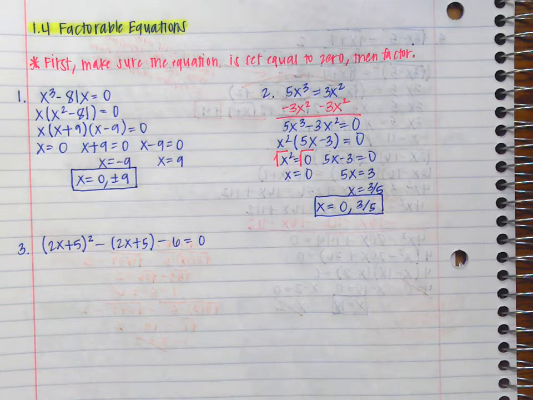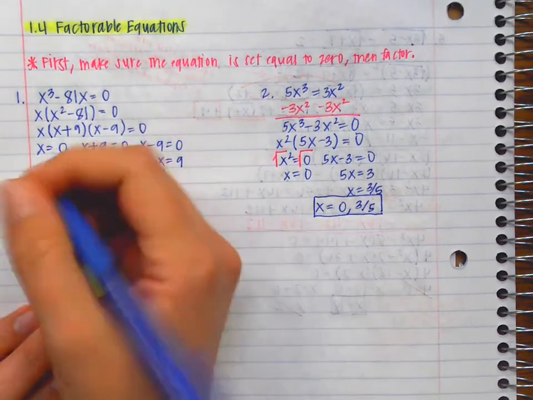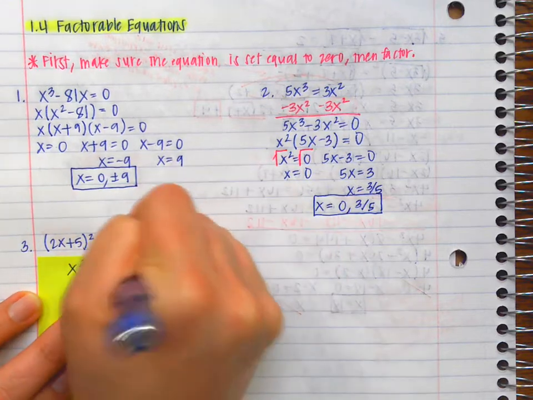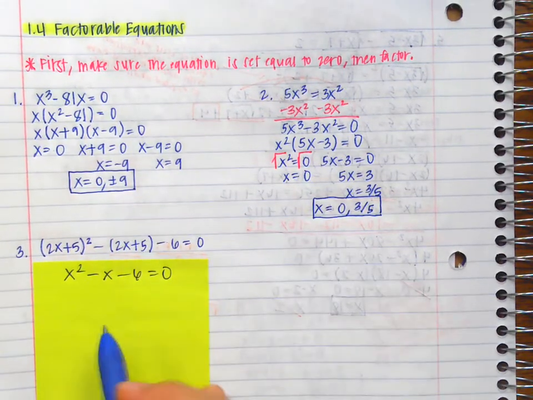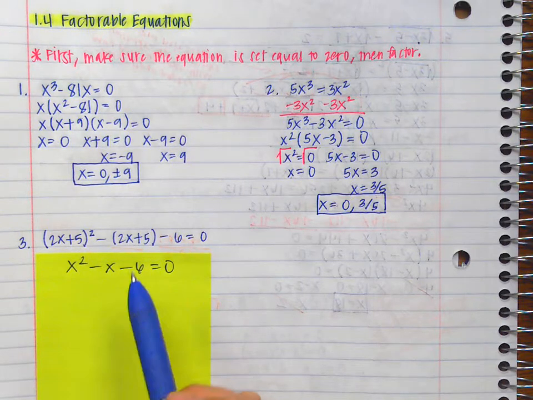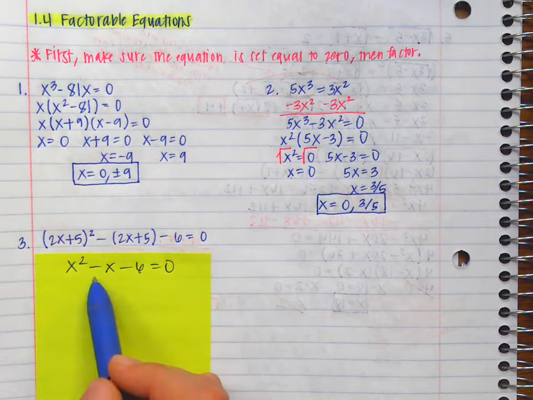So if instead I wrote this equation as x squared minus x minus 6 equals 0, would you be able to factor that? And hopefully you're thinking, yeah, of course, because we know two numbers that multiply together to get us -6 and add to get us -1.